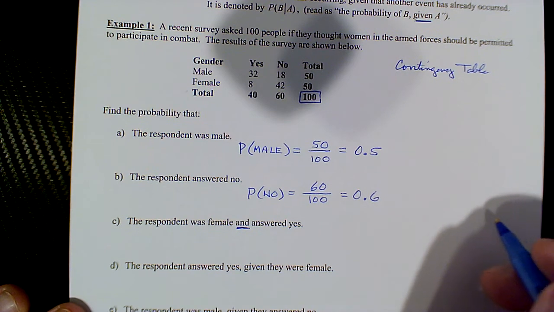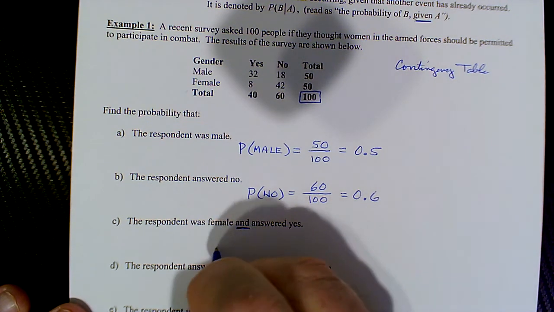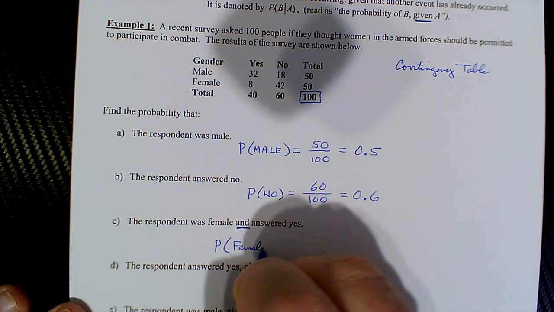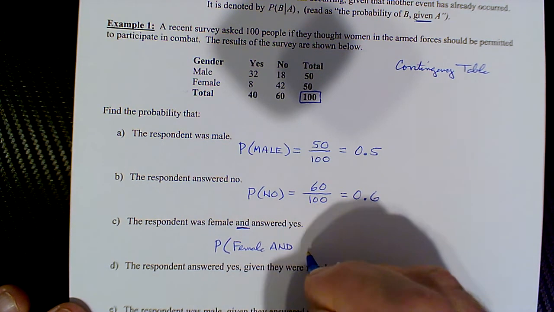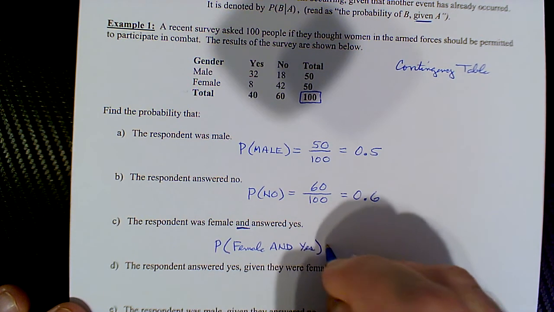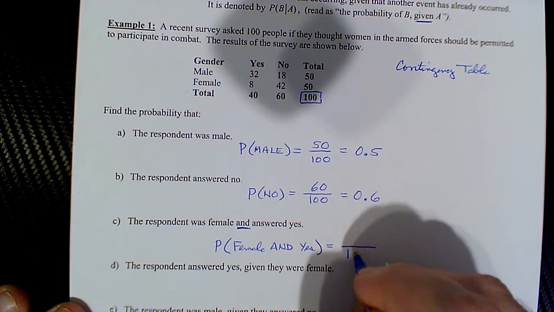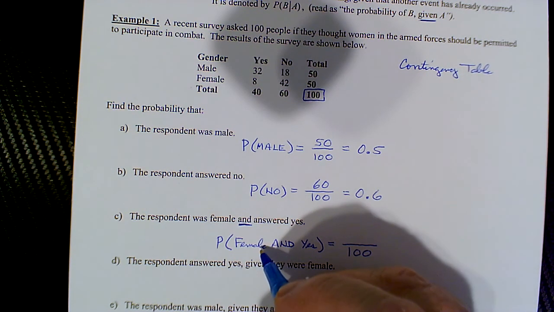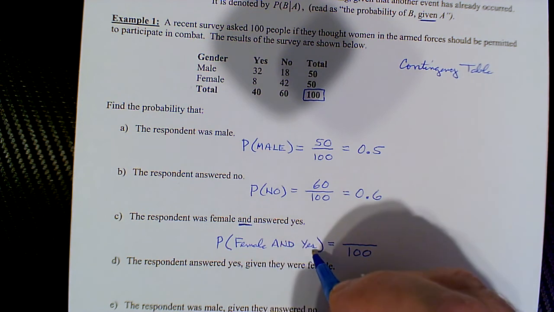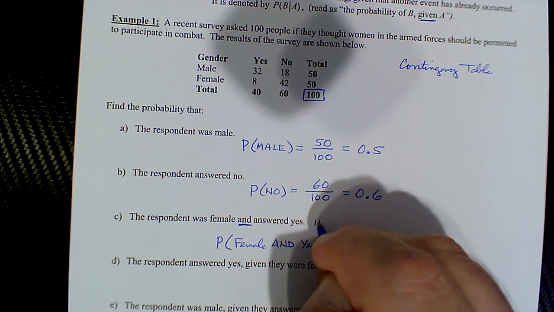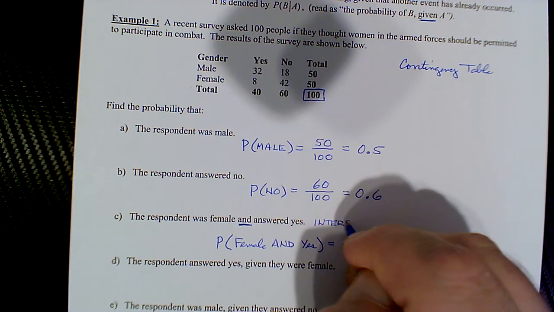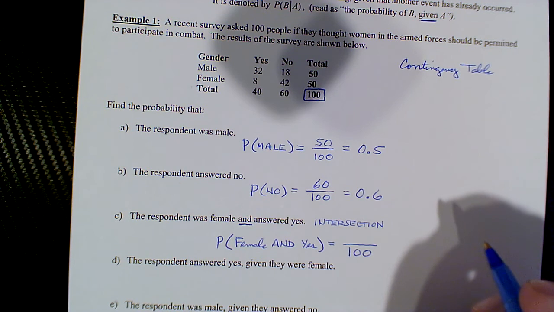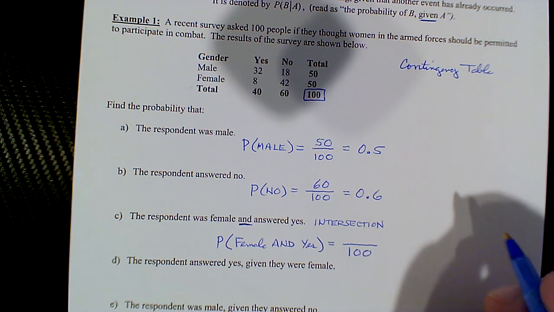Was female and answered yes. When we're talking about a contingency table, and we want female and yes in this case. Okay, there's 100 people total, but we're talking about the people that are both, at the same time they're female, they answered yes. So this is actually the intersection of the female row and the yes column.